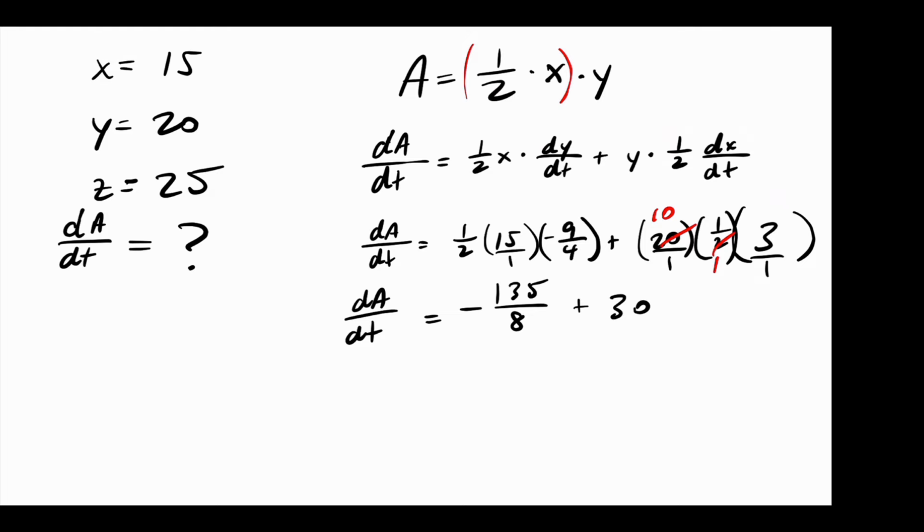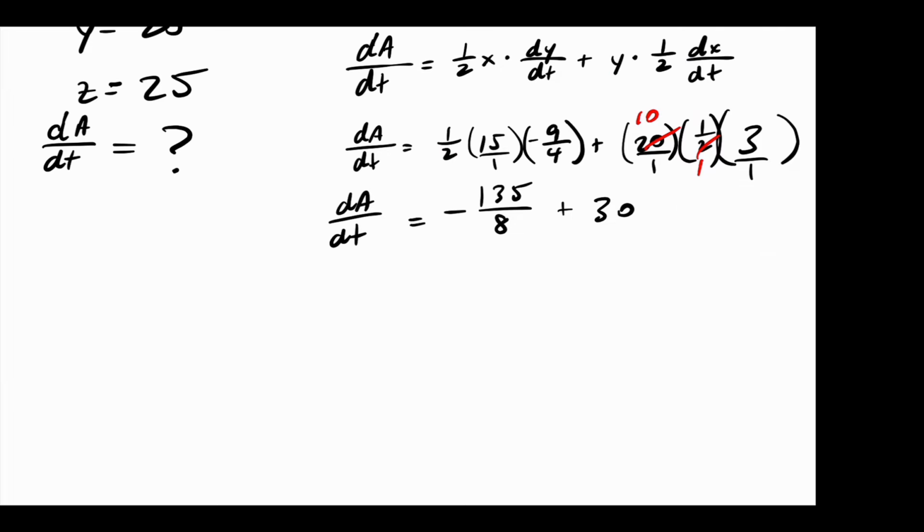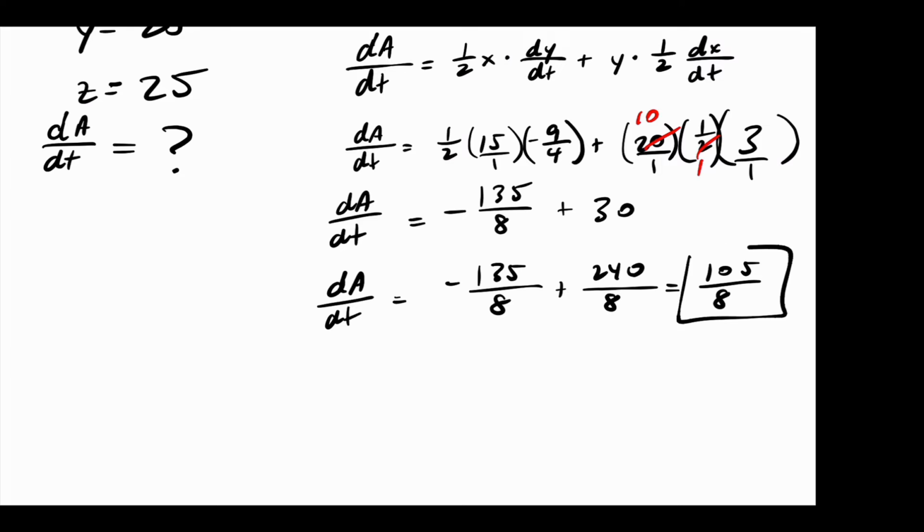Okay, now we have to add them together. Well, common denominator is going to be 8. So to have a common denominator of 8, I have to multiply 30 by 8, which is 240. When I do that, I get 105 over 8. Can't be reduced. There's nothing that goes into them besides one, both of them.